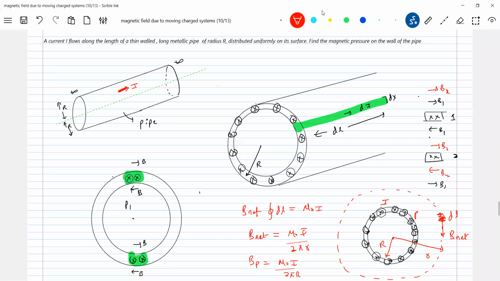So what is the field B1 I should write? Half of this, mu naught I by 2 pi r, that is BP by 2. What about B2? It should also be BP by 2. I'll accordingly change the symbols here. This we took B1, B1, B2, B1, B2.